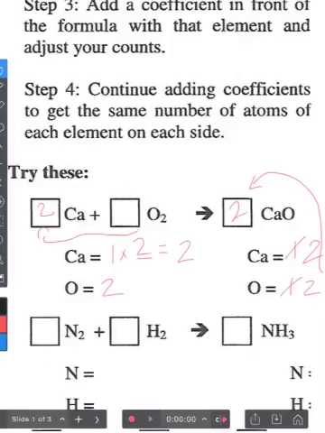Now, 2 times the 1 subscript is 2, and oxygen still has the 2 for its subscript. So now we see that the calcium is equal at 2, and the oxygens are equal also at 2. So we have our second balanced equation.